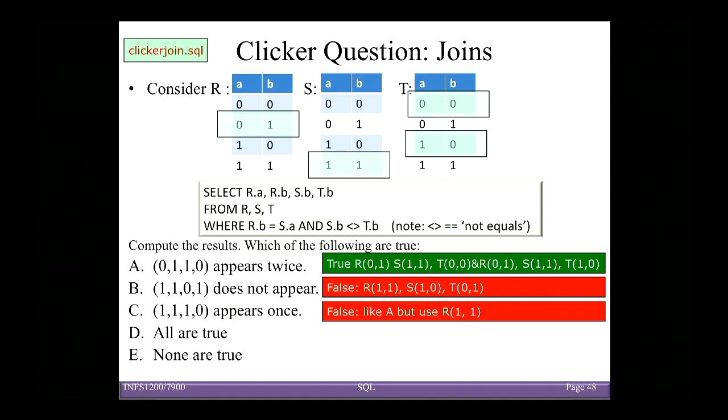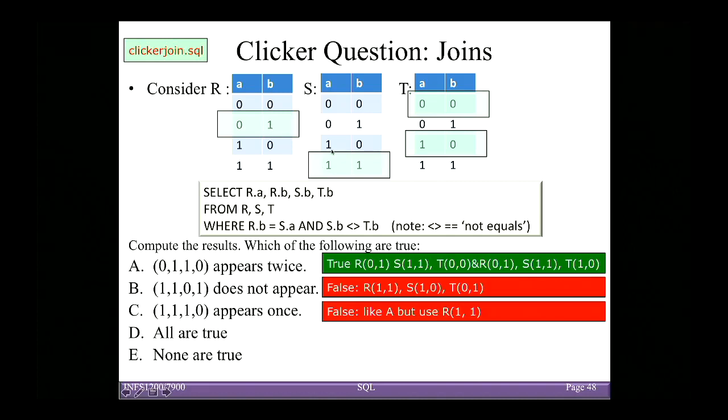I mean, if we want to look at R.B, S.A. Yeah. So the only items that match this equality are the first item in the column of R and the last item. Right? So that could be R.B equals S.A. So this is one that matches.